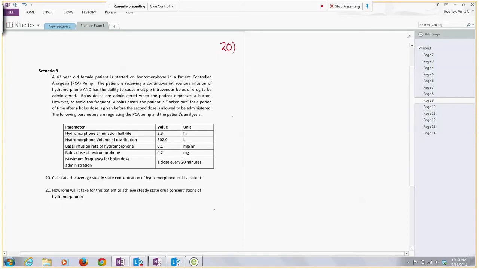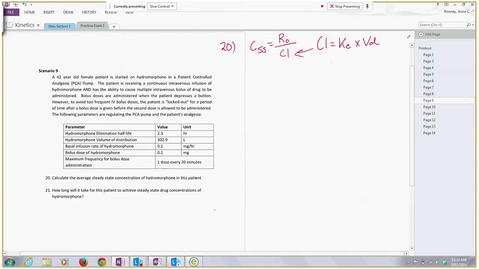Okay, so I'm going to write the equations over here. So concentration steady state equals the rate of intravenous infusion over clearance. How fast is it getting shoved into us and how fast is it getting dumped out of us? And then we have to find clearance, which is Ke times Vd.